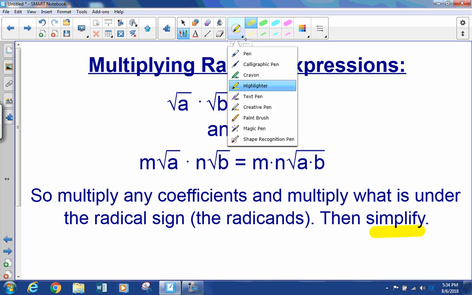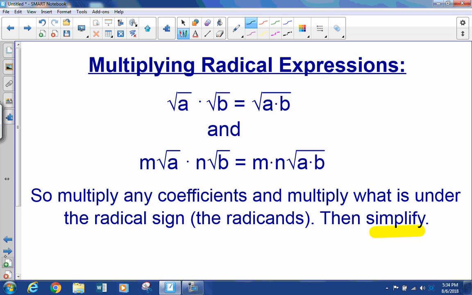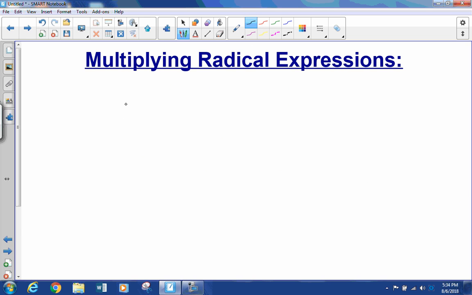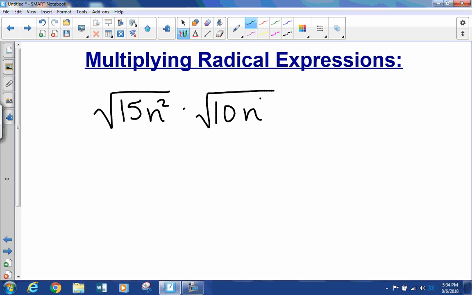So to show you an example of a problem that might involve using this, consider the square root of 15n squared times the square root of 10n to the third. Even though these are simple, single radical expressions, we are going to combine them together into one, maybe slightly more complicated, radical expression that we can simplify.